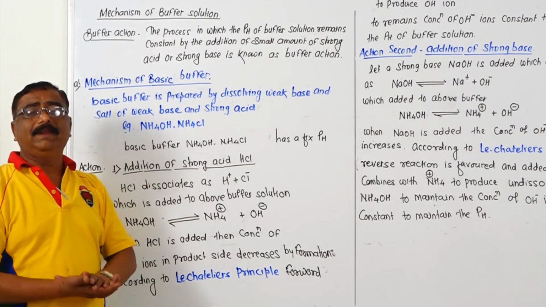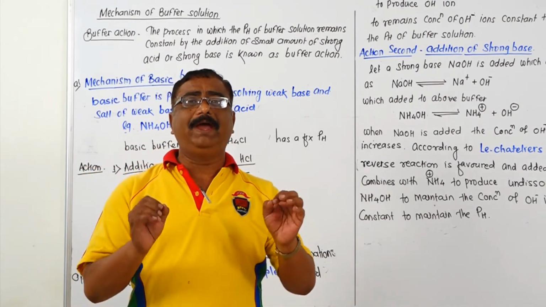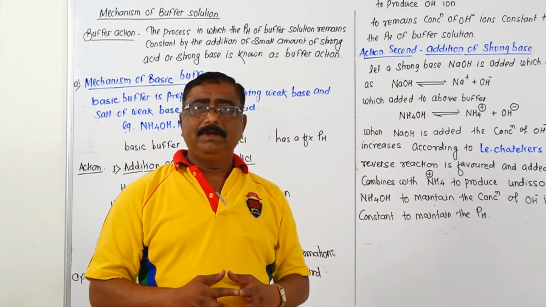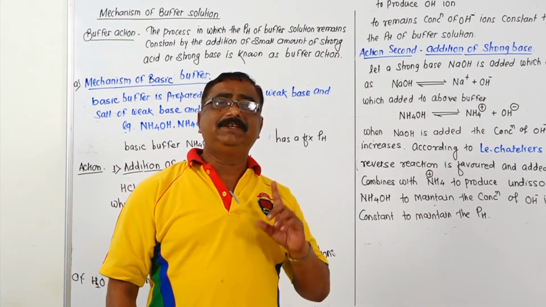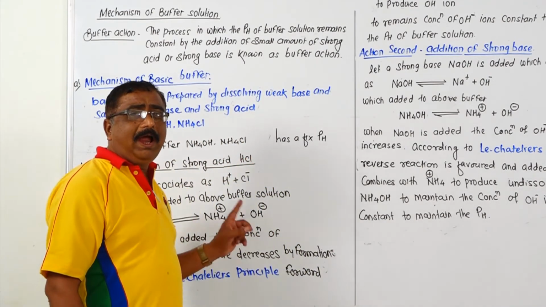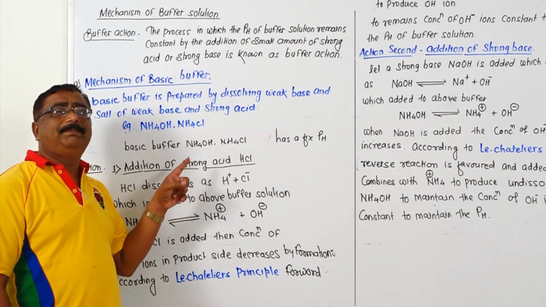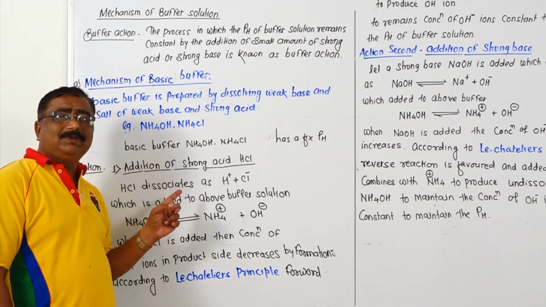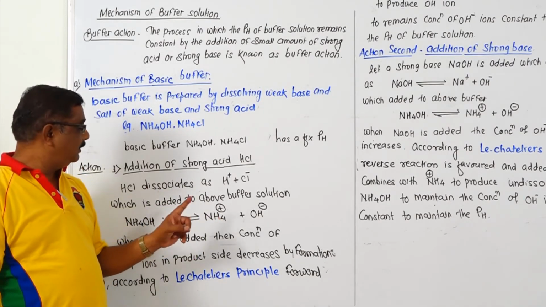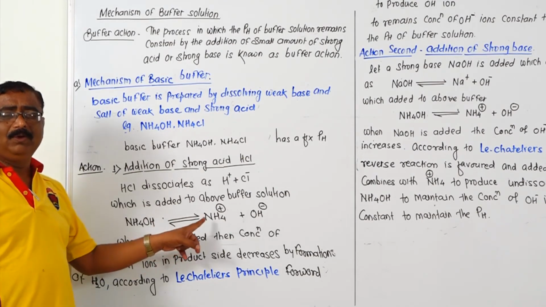Now let us consider, first we add a small amount of strong acid, say HCl. You know that HCl dissociates as H plus and Cl minus. And the weak base from the basic buffer solution dissociates as NH4 plus and OH minus. Here, NH4OH dissociates as NH4 plus and OH minus.